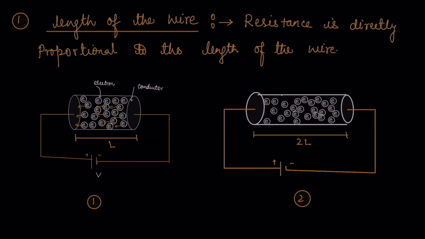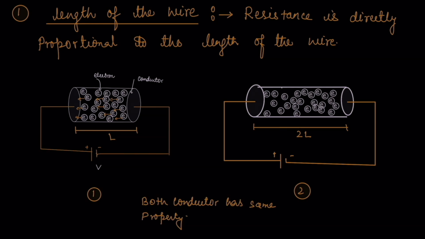And both conductors have the same properties. So if the length is L and the length is 2L, more electrons are present in the 2L length, meaning double. So in this part, more electrons will be present.